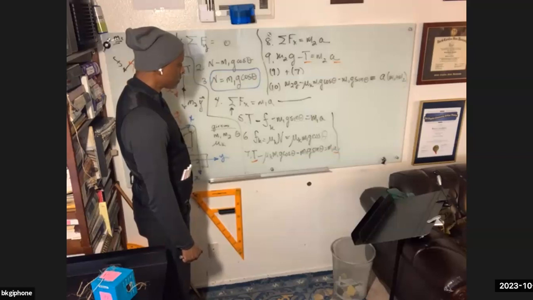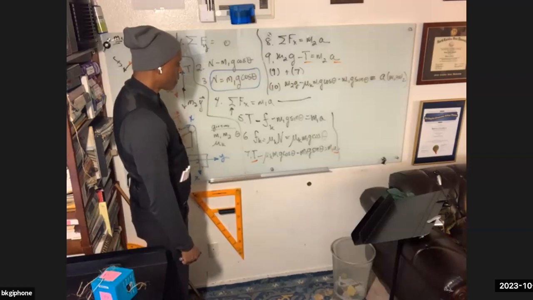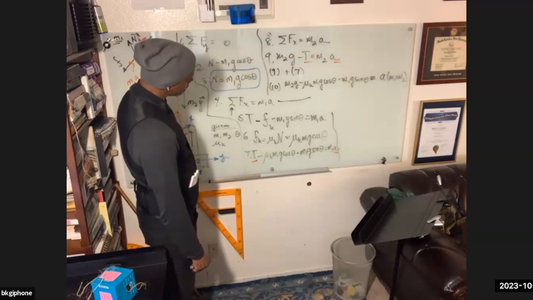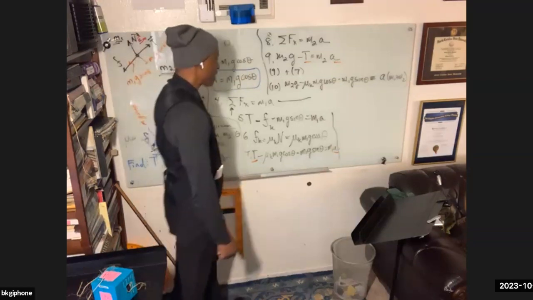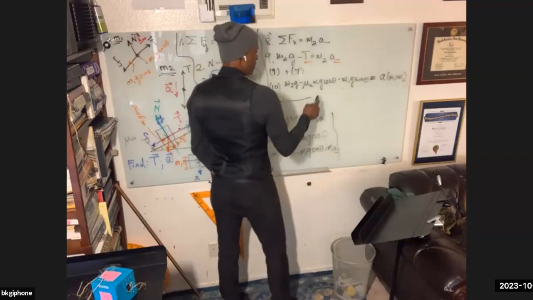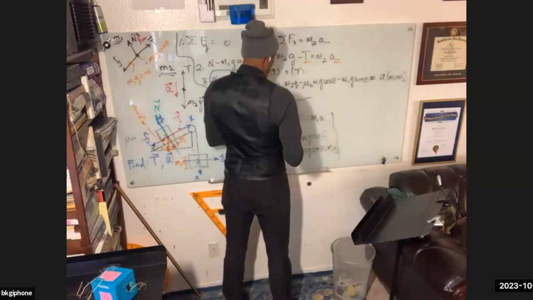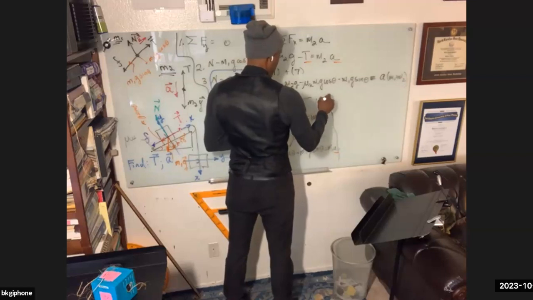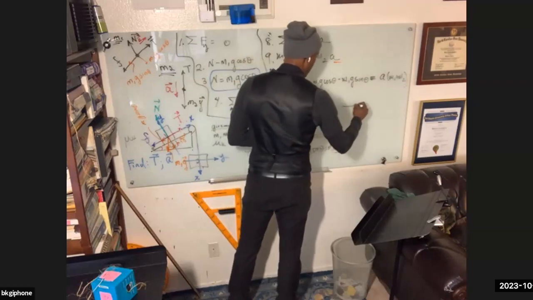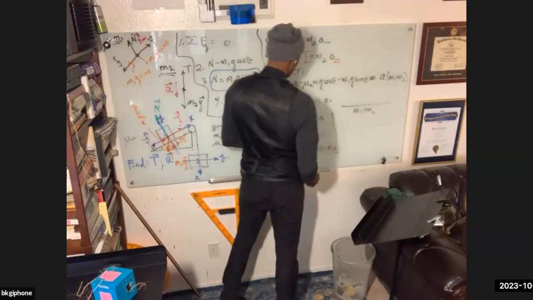We're done. Well, we can simplify though. Up here I can actually factor out a G from every term, and here I can factor out an M1G from these two terms. So we can write this like this. A, of course, we're going to be dividing by the total inertia of the system, which is M1 plus M2.